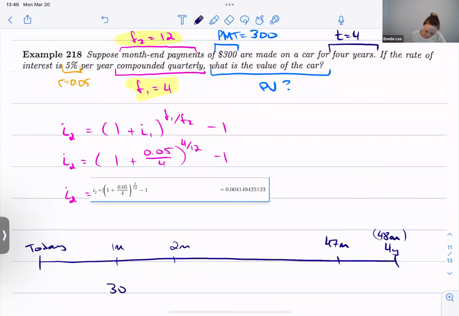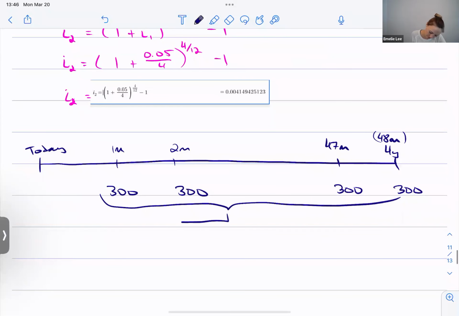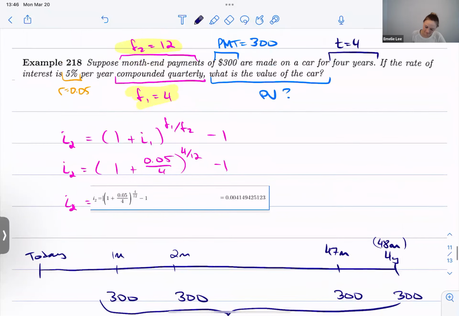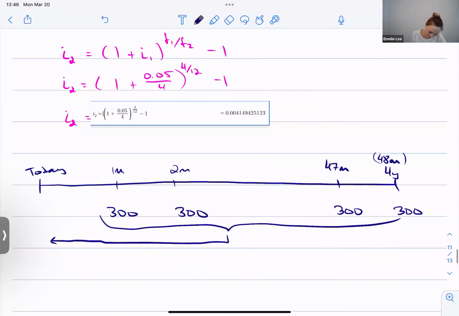And the payment amount is 300, 300, 300, 300. And these are all paying off some present value, which is what we want to find.